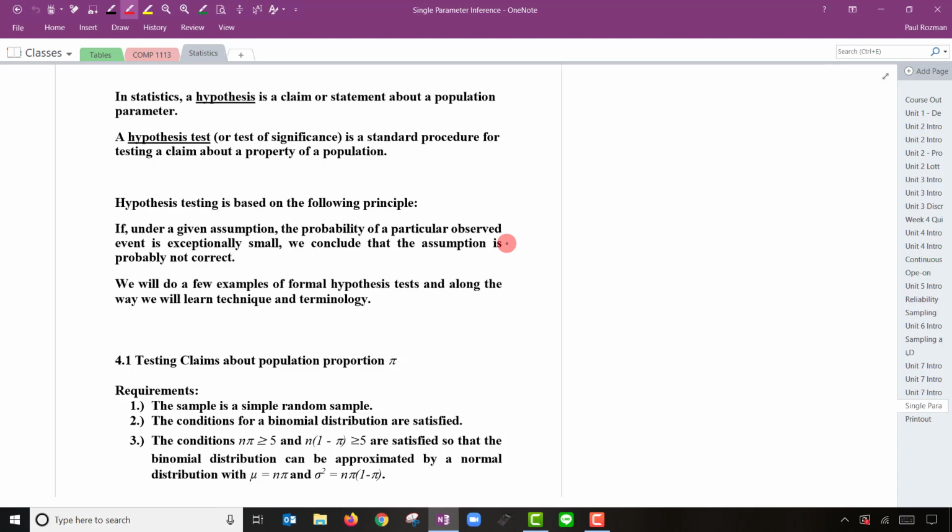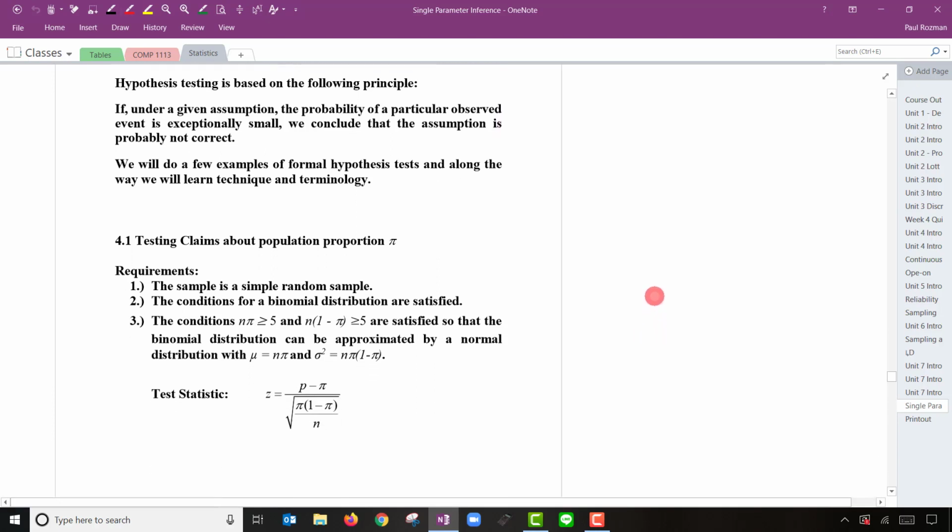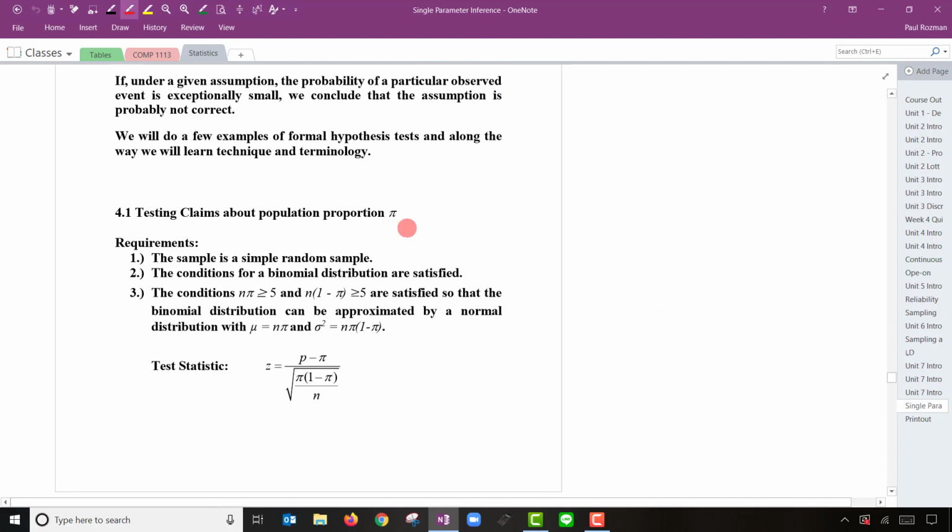I thought we'd start out with claims about population proportions. So we'll talk about a parameter pi, and we'll be interested in gathering some sample data to see if our sample result agrees or disagrees with what someone is claiming pi to be. In order to do these tests, it's like confidence intervals.